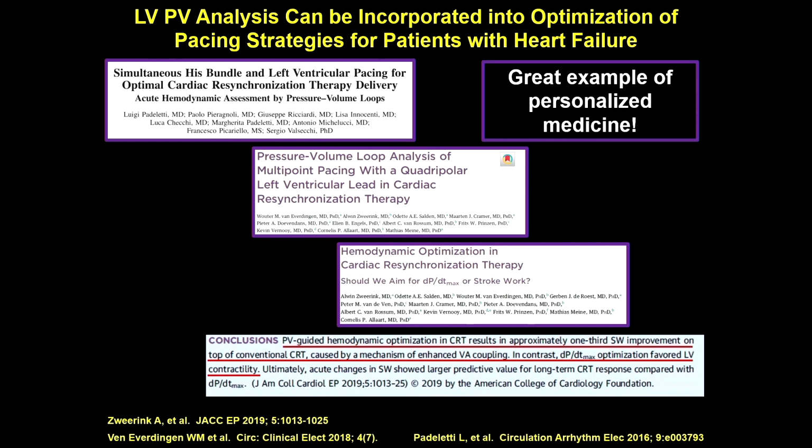In 10 minutes, we can't get into the details here, but I've underlined the concluding sentence from one of these papers, that pressure volume guided hemodynamic optimization in CRT results in approximately 1/3 of stroke volume improvement on top of conventional CRT. So these are nice examples, again, of how advanced hemodynamics incorporated into bedside management of our patients can improve ventricular performance and help our patients improve their quality of lives and survival.